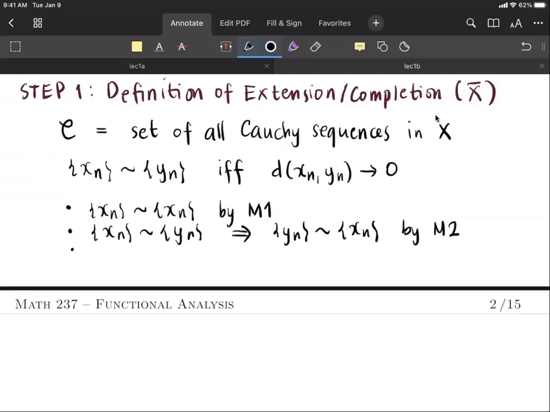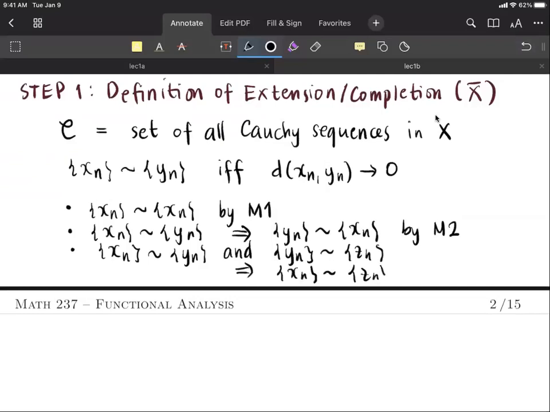And finally, if xn is related to yn and yn is related to zn, then we can say that xn is related to zn by applying the triangle inequality.